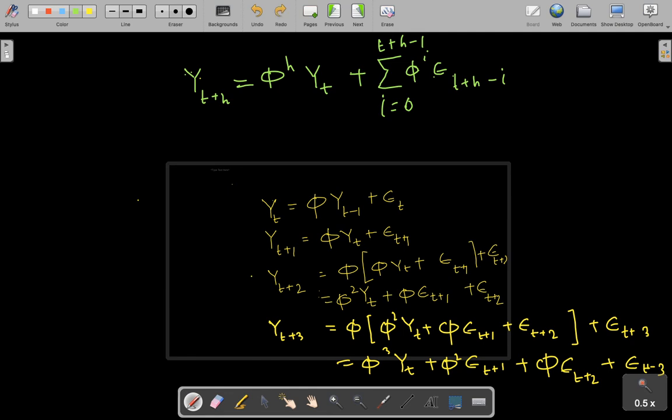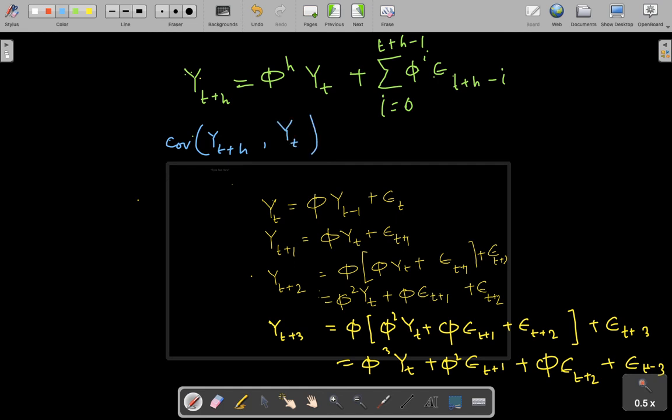And now we are going to see the covariance structure considering yt and yt plus h. Okay, so let me write it down here. Cov of yt plus h and yt.